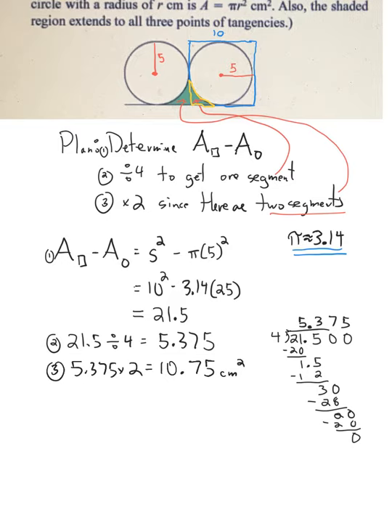Since it's an area problem, remember area is centimeters, or whatever unit it is, squared, and our units were centimeters. So the area of the green section is 10.75 centimeters squared. Roughly, again, remember, we approximated pi to be 3.14, so it's not going to be exact, but that's pretty good.